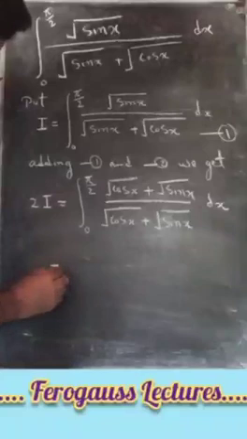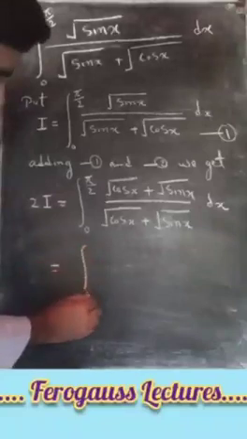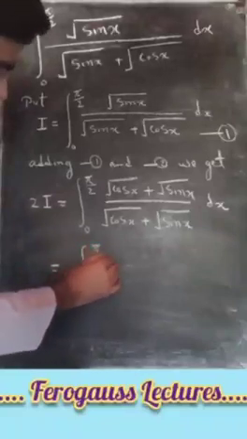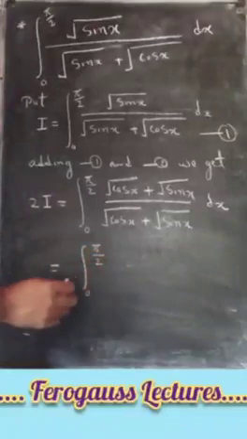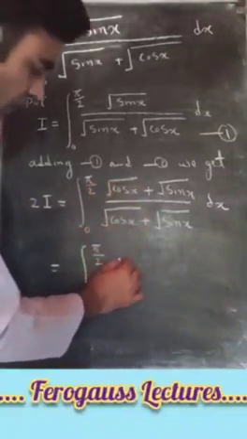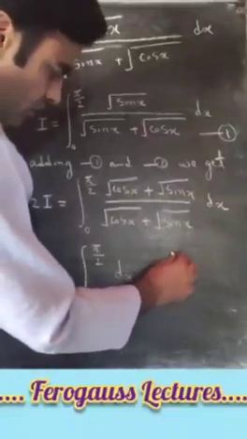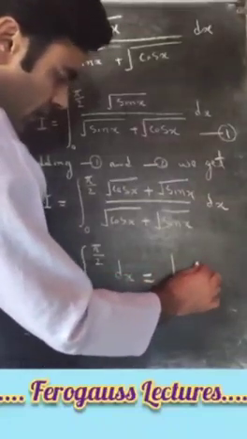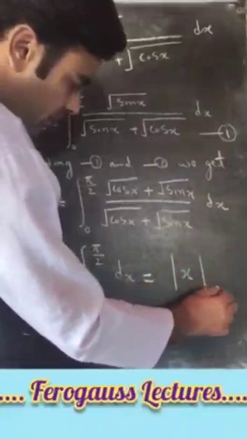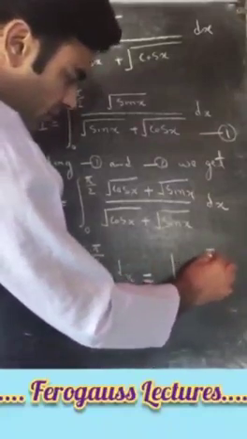That is further equal to the integral from 0 to pi by 2, and this is 1, so we get 1 into dx, that is dx, that is equal to x with limits from 0 to pi by 2.